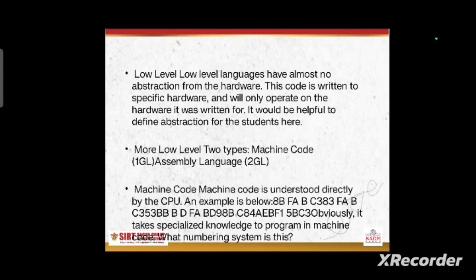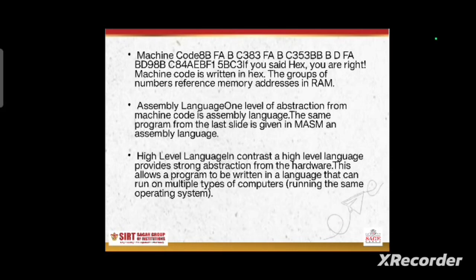If I'm talking about the low level language, there are two types of programming language, that is machine language and assembly language, and these are the first generation and second generation languages. In machine languages, all the codes are written in binary form. It means 0 and 1.